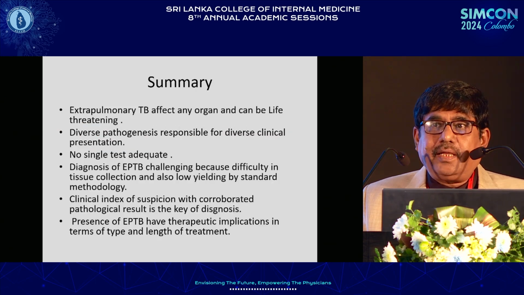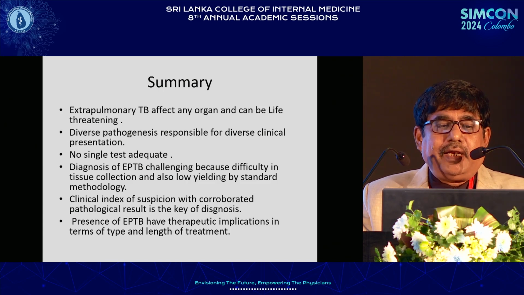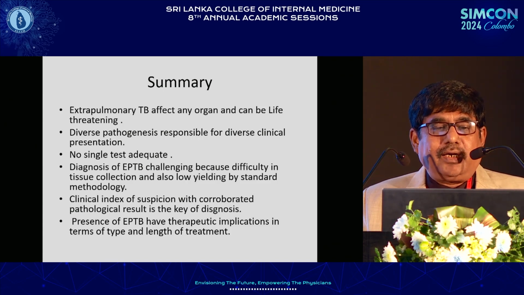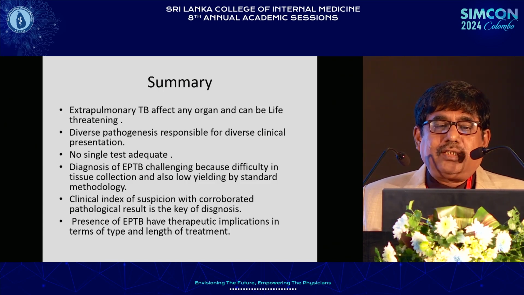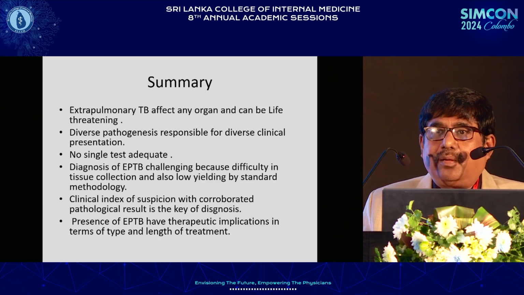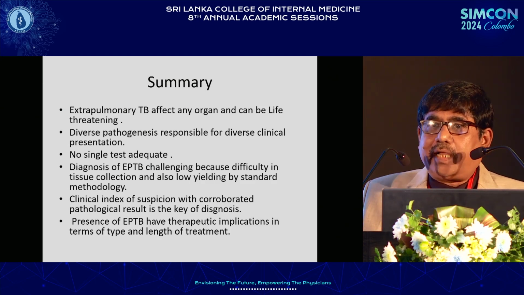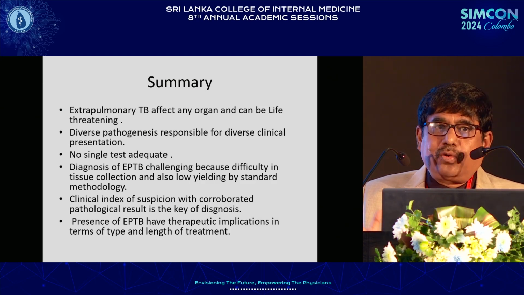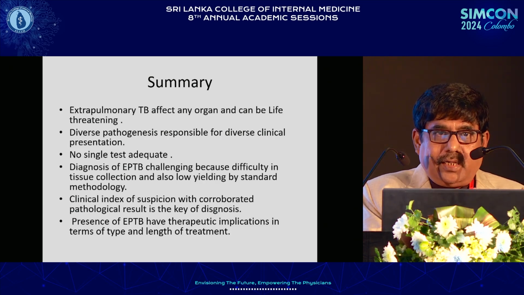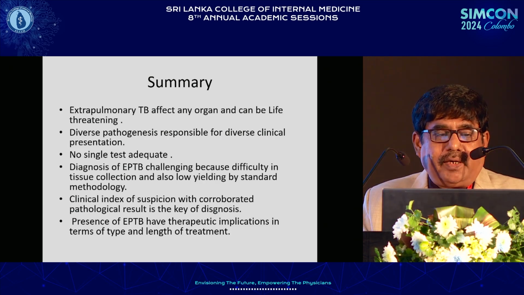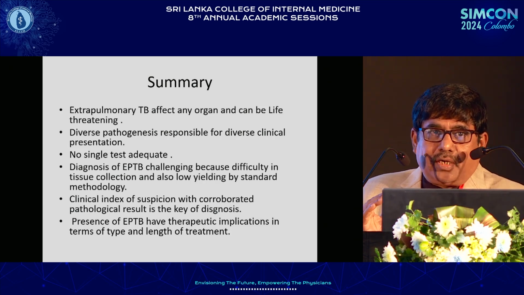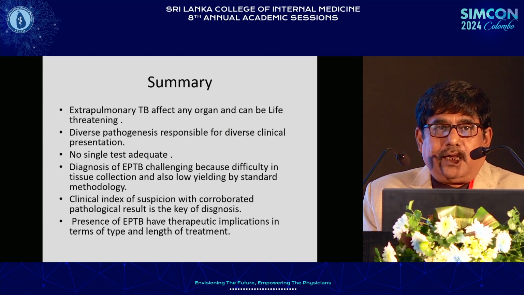So in summary, extrapulmonary TB can affect any organ and can be life-threatening. And diverse pathogenesis is responsible for the diverse clinical presentation. No single test is adequate to diagnose. You have to go for a battery of tests, and with your clinical judgment, you have to diagnose the patient as tuberculosis.